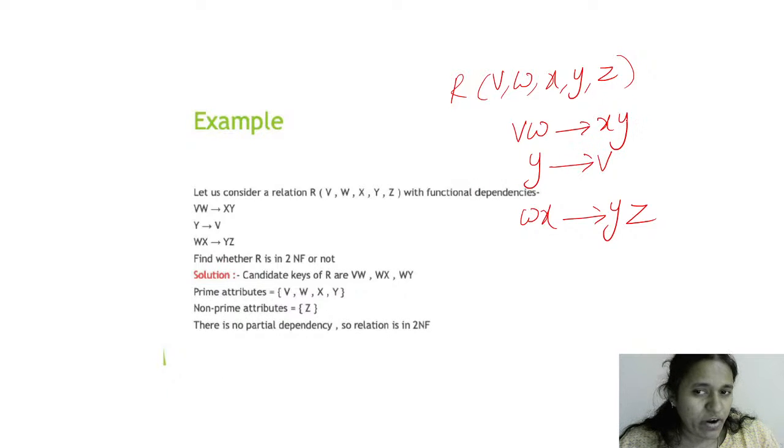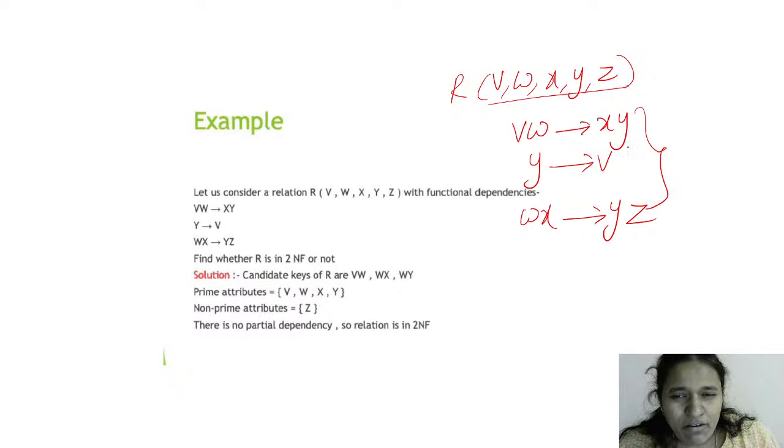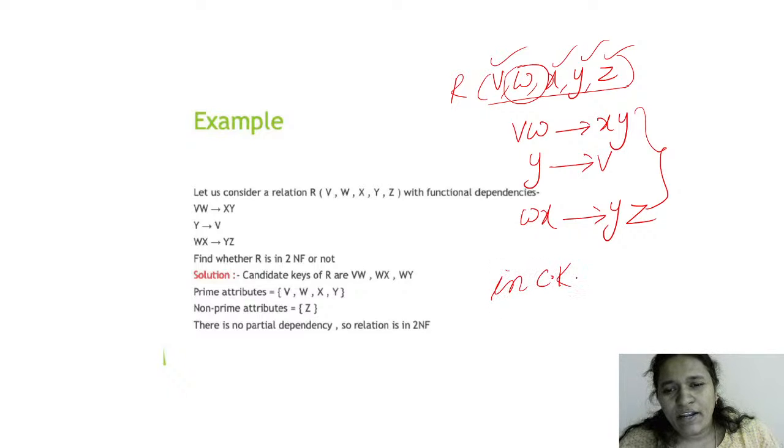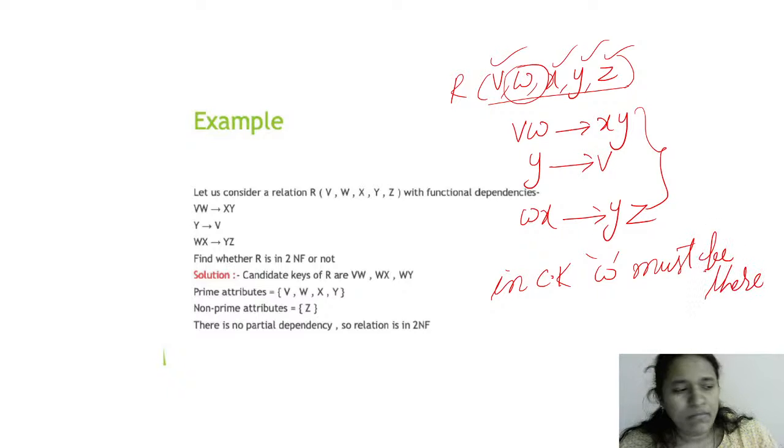First of all, we have to find the list of candidate keys. Which attributes are not present on the right hand side of the functional dependencies? X, Y, Z, V are there. W is not there. That means in the candidate key, W must be there.